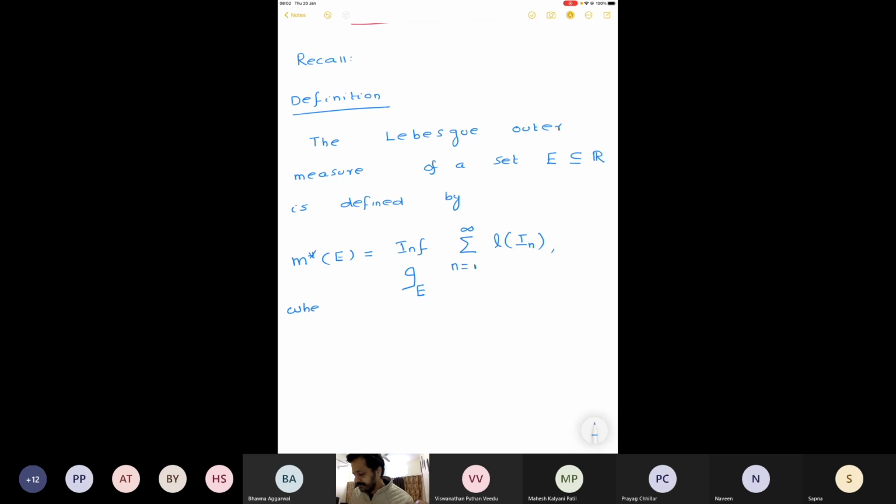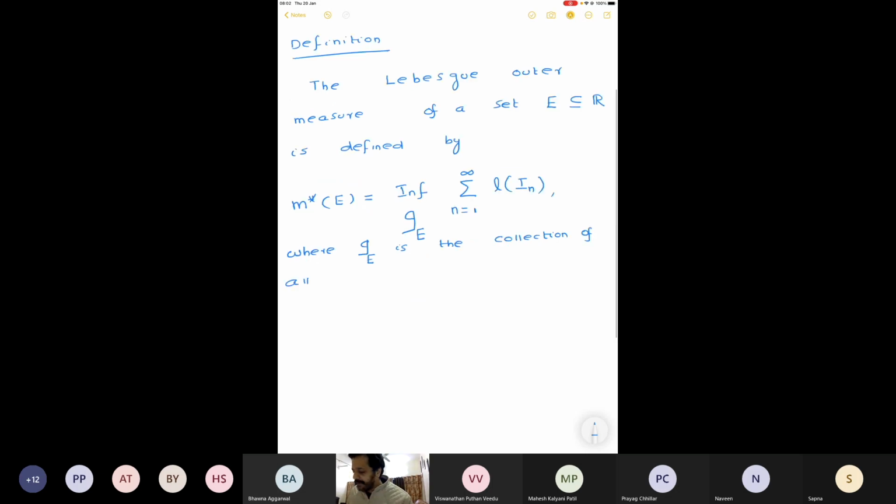where IE is the collection of all countable family of open intervals In that covers E. Meaning E is contained in union n In.